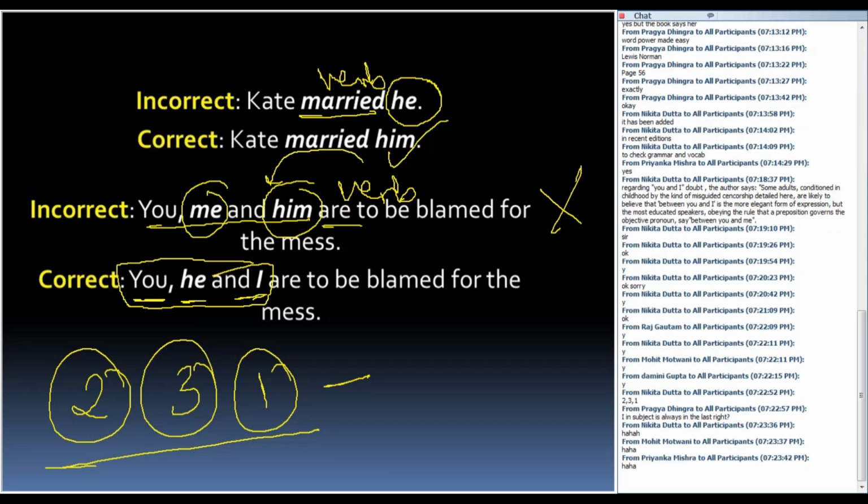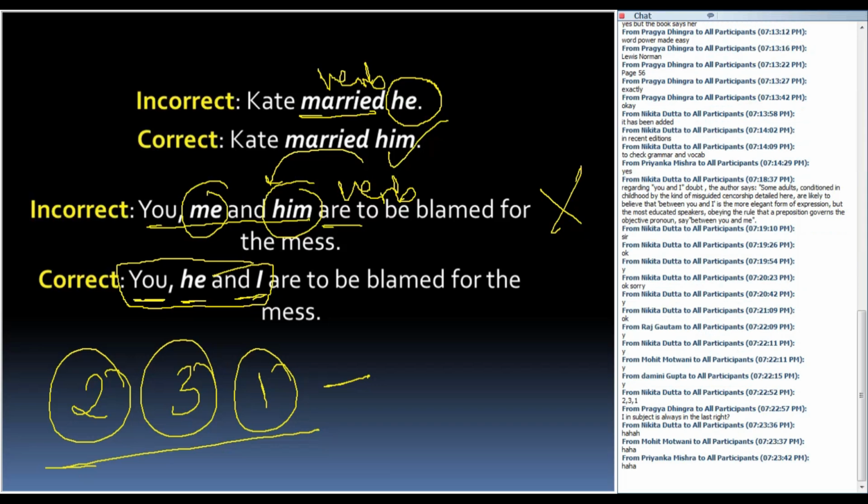But many people say, in fact, we have been associated with CAT students for the past around 20 years. In the past 20 years, every year students say that no, sir, we have been taught that whenever it is something bad that you're talking about, if you are talking about taking blame, then you should take the blame first.